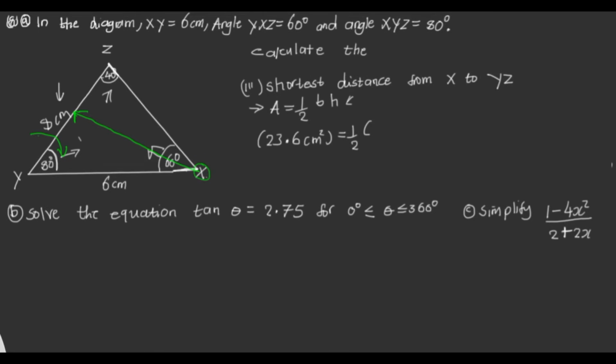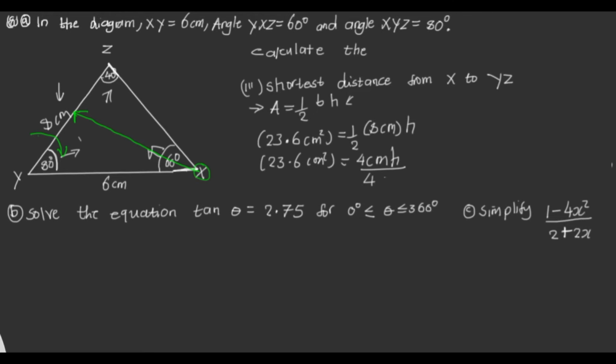The line from X is touching YZ, so our distance is 8 centimeters, multiplied by our h. We can reduce here: we divide 2 into 8, we have 4 centimeters times h.